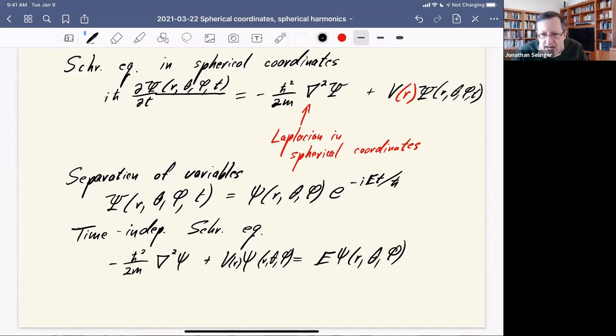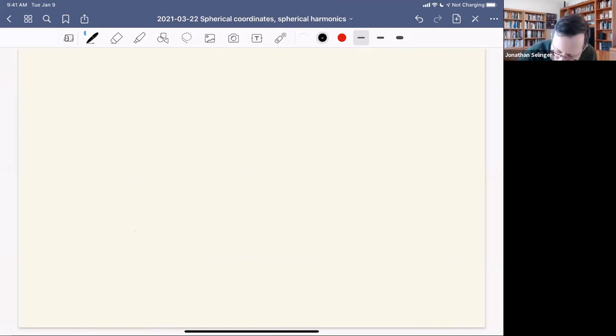Now let's do something that's different in spherical coordinates. So we have this time independent Schrödinger equation. Now let's do separation of variables again.